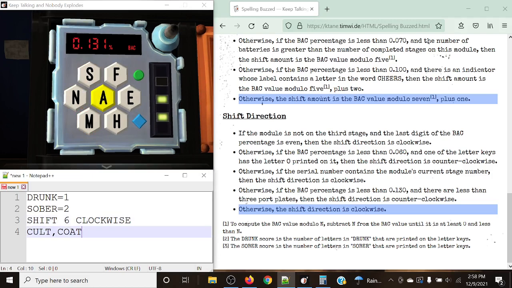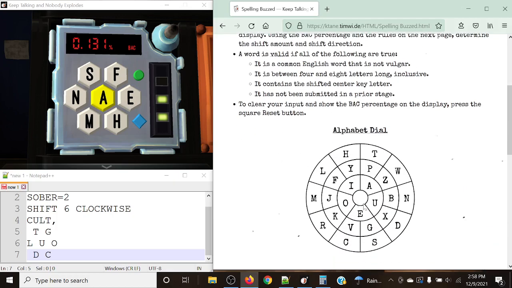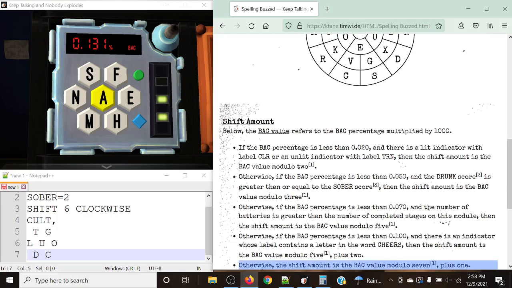So let's go back a bit. Remember we did cult and coat. I'm going to copy this right here. It was indeed shifting 6 clockwise, and just to make sure, we had Sierra 1, 2, 3, 4, 5, 6 to Tango up in the top left, and that is indeed true. So now we're looking at the exact same grid that we had before.